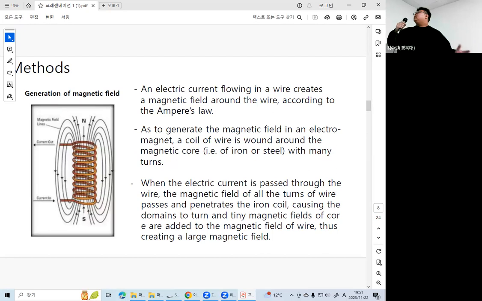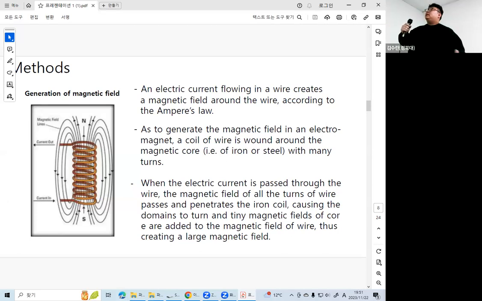Now, magnetic field assisted freezing: generation of the magnetic field methods.